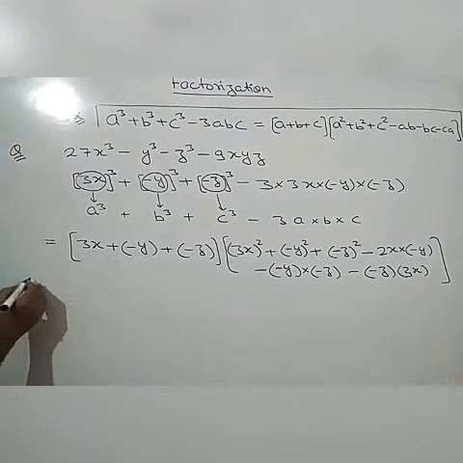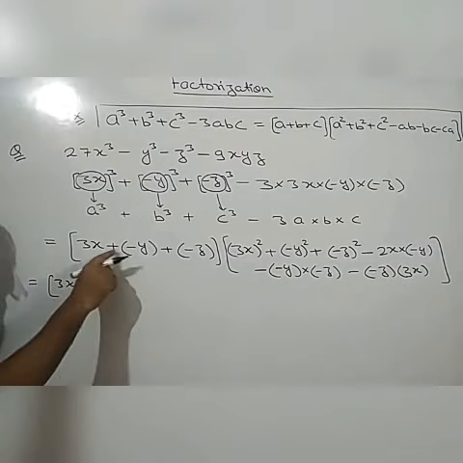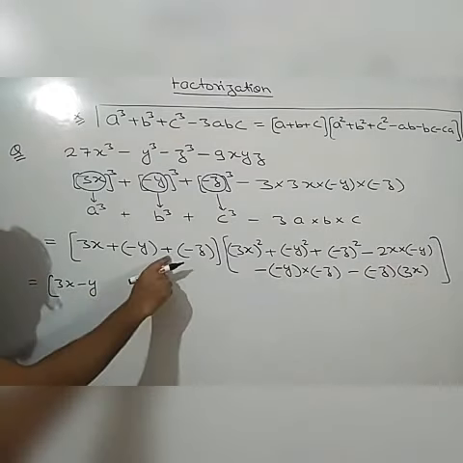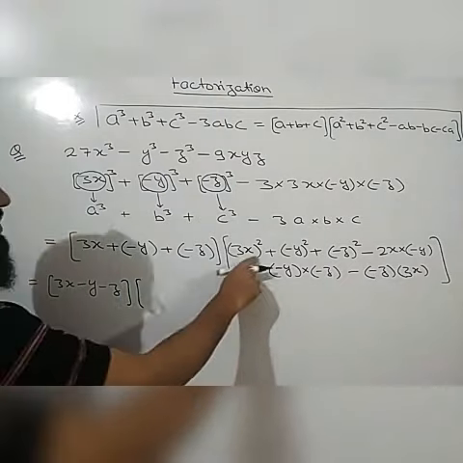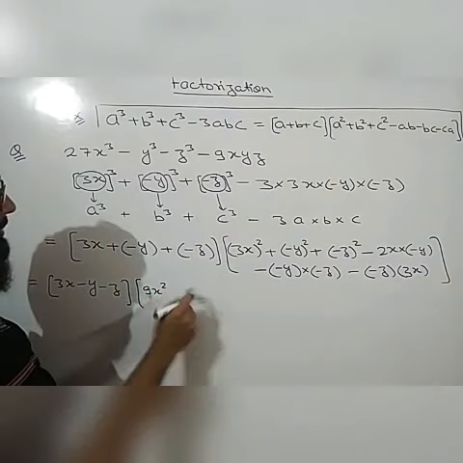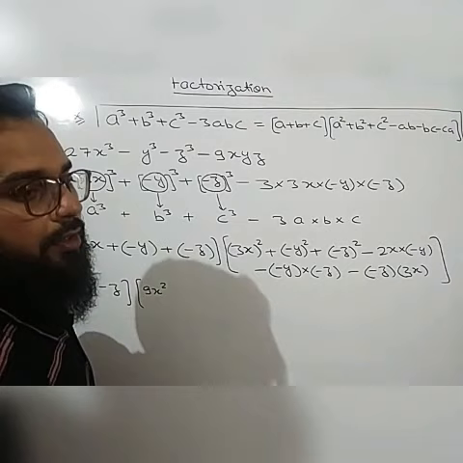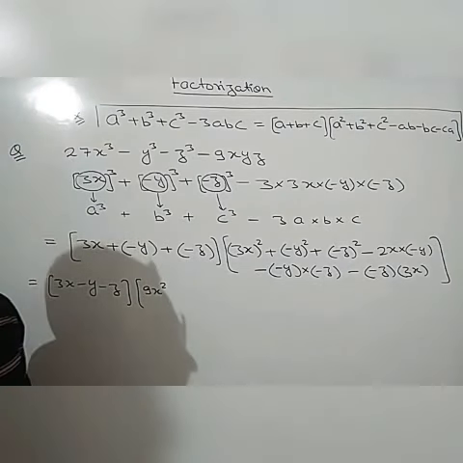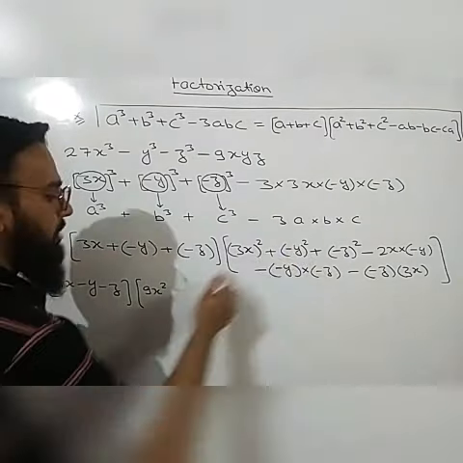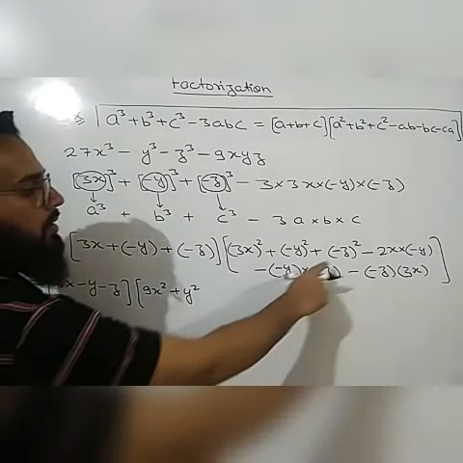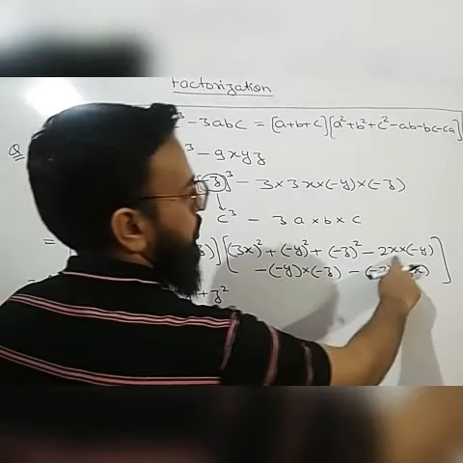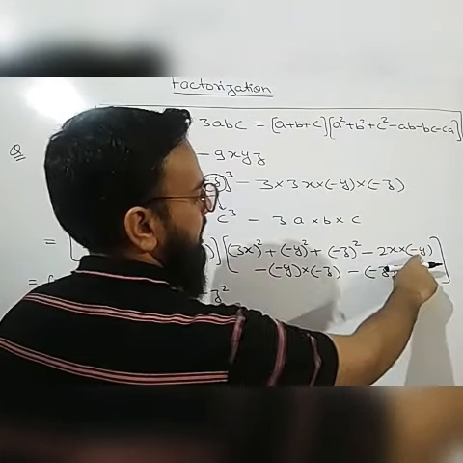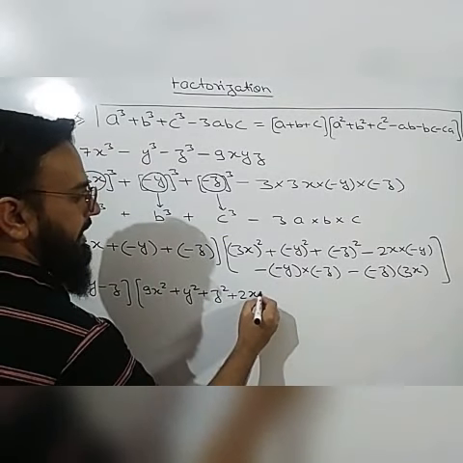So let us solve. It will be equal to 3x. Now this plus minus will be minus y, plus minus will be minus z. So it will be 3x minus y minus z. Now in the second bracket it will be 3x whole square, that is 9x square. Now this minus y square, even powers of negative numbers are always positive, that means it will be plus y square. Minus z square will be plus z square, minus 2x into minus y, this minus and minus will be plus, it will be plus 2xy.